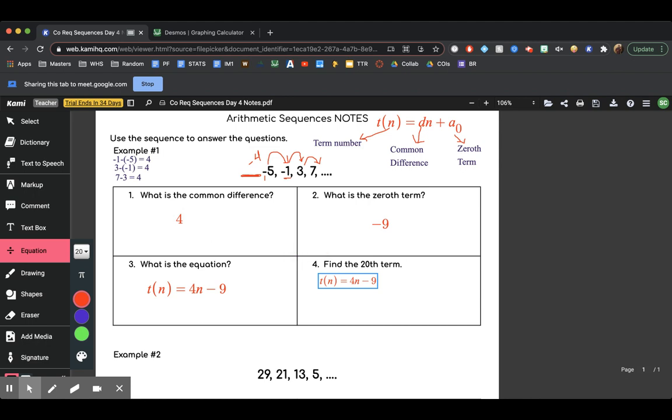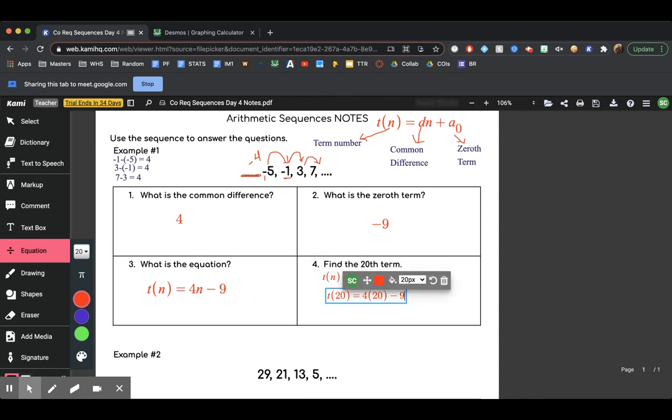Okay. So now that I have that, all that I have left to do is, instead of n, put the term number that we are interested in. In this case, we are interested in the 20th term. So T of 20 is equal to 4 times 20 minus 9.